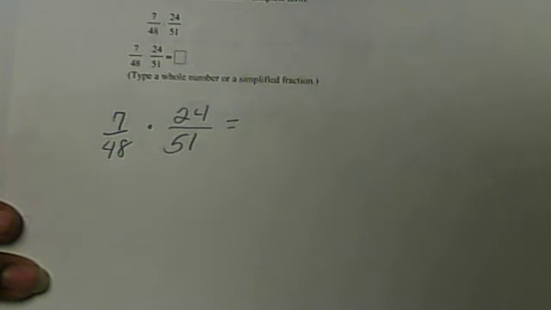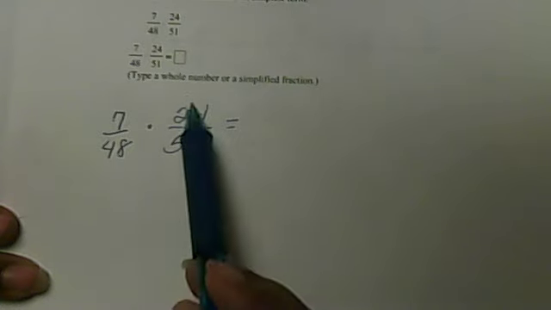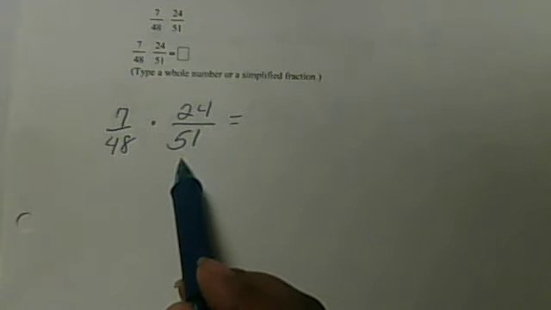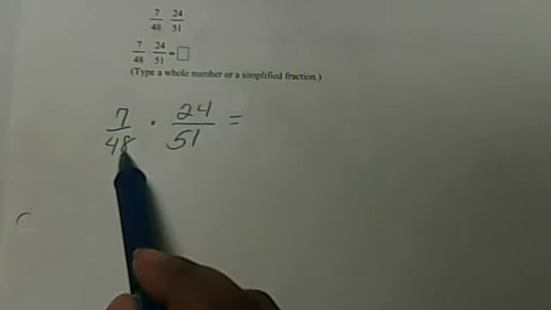The first factors I see currently, well, I see a couple. 24 and 51 have a factor in common. Also, 24 and 48 have a factor in common. So either one of these you can work with. You would have to cross cancel to work with, or you can cancel numerator denominator here or numerator denominator here.